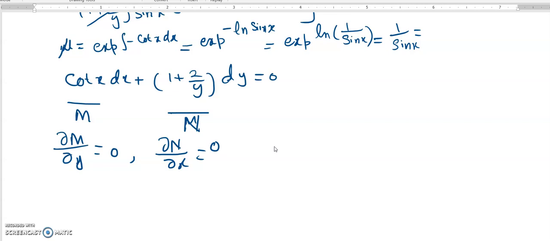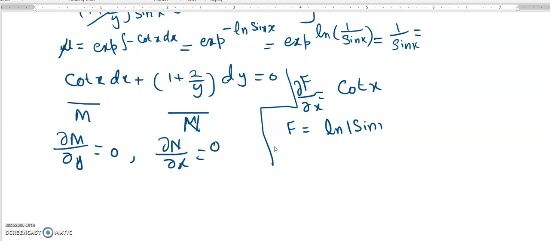The solution of this exact equation will be a function f whose partial derivative with respect to x is equal to cotangent of x. So f will be equal to the integral of cotangent of x, which is log of sine x, as we did before, plus a function g of y.